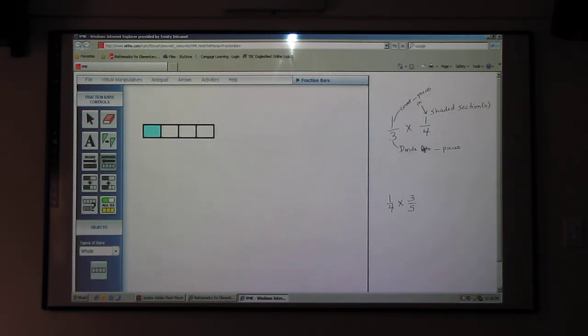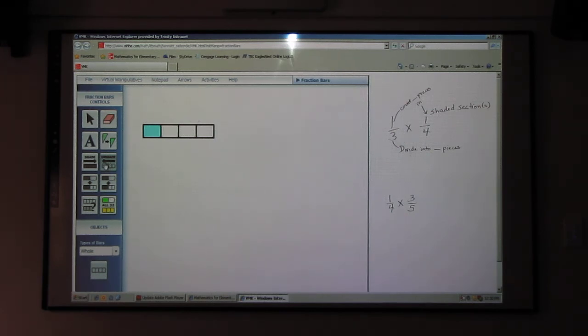The way to think about this is that the bottom of the first number tells me that I'm going to divide the other fraction into blank pieces. So that means I'm going to divide each section of this whole fraction into 3 pieces.